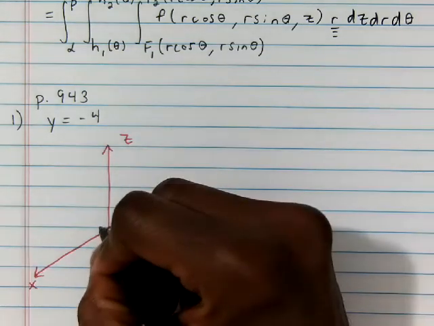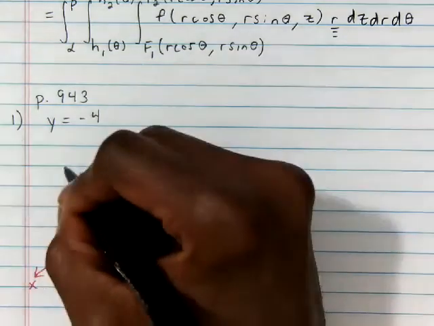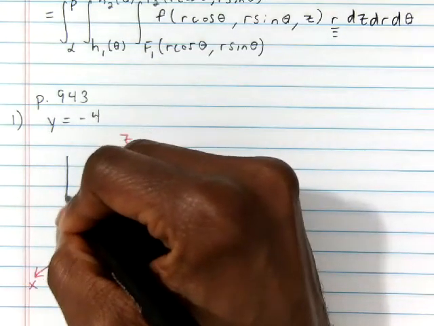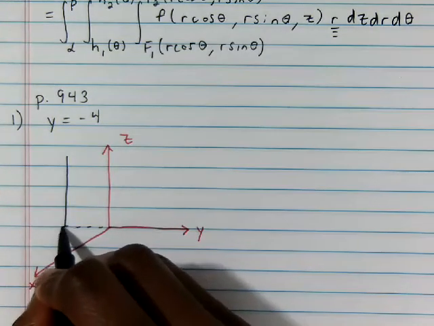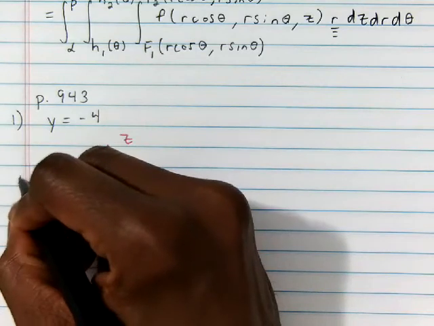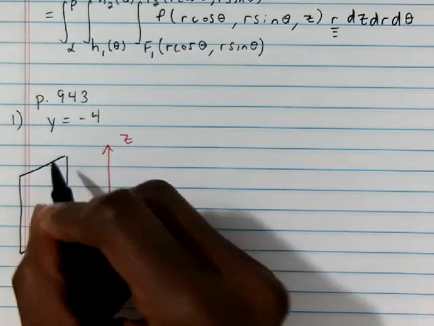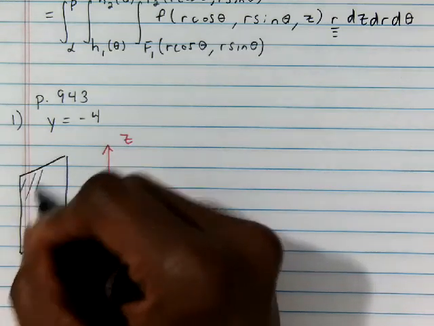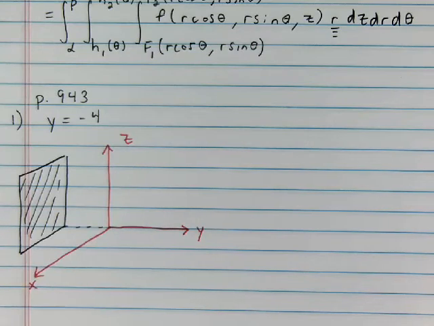So we'll go back -4 units, say right there, and sketch a plane. So that will be the plane y equals -4.